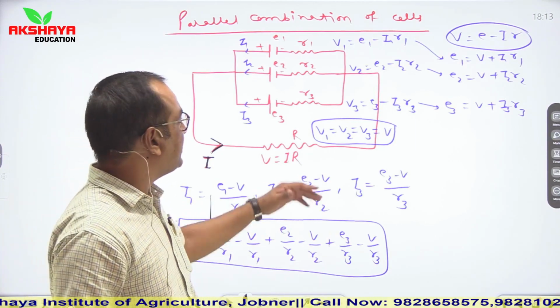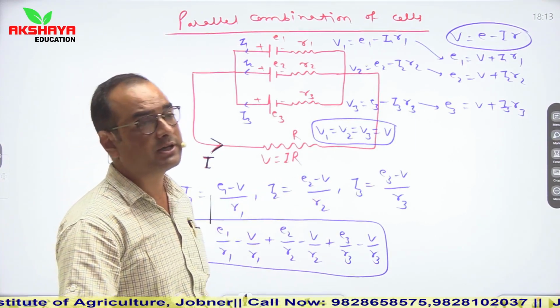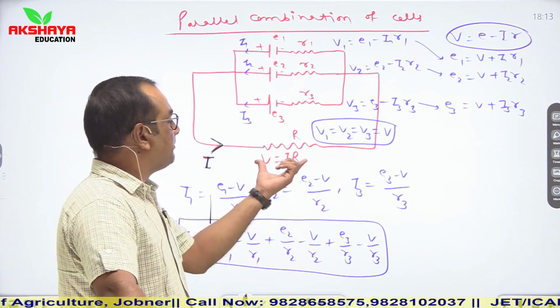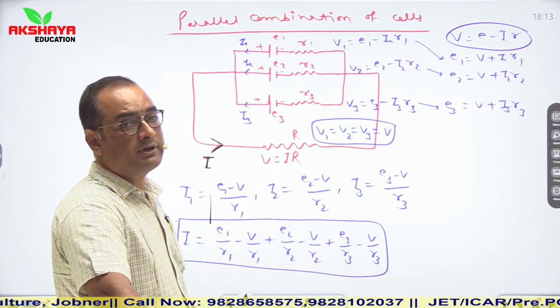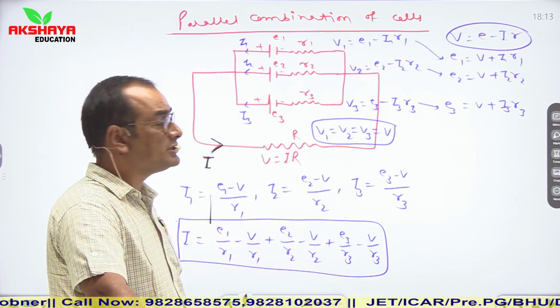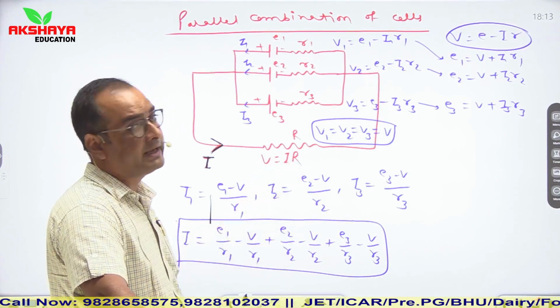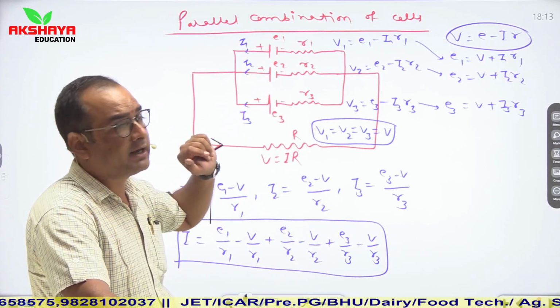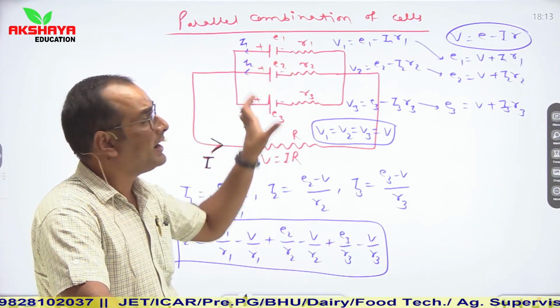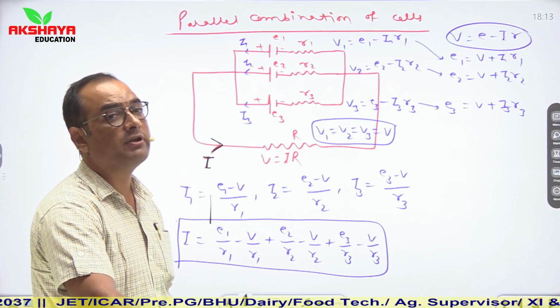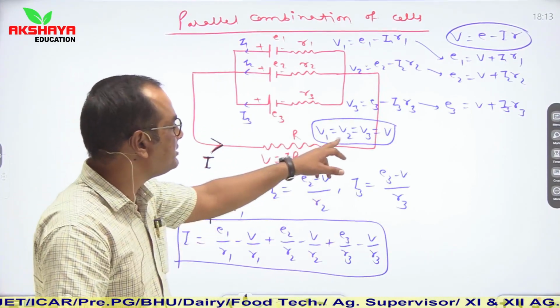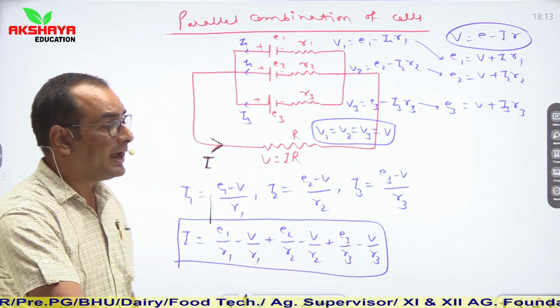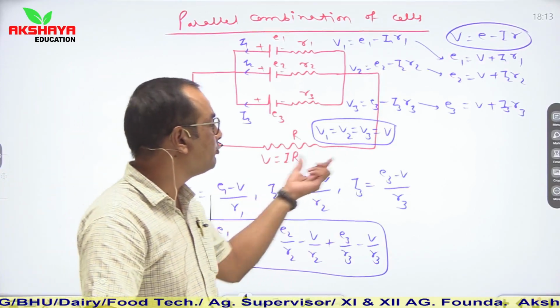The second thing you should know in parallel combination is that the potential difference across the load resistance is V equal to IR. Since these three cells are connected in parallel, the potential drop across the ends of each cell will be the same, meaning V1 is equal to V2 is equal to V3, and this potential difference is equal to V.